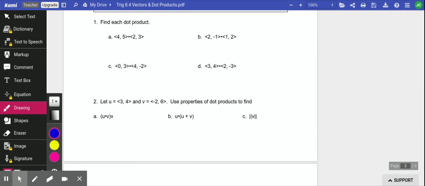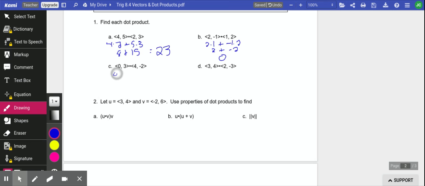We want to find these dot products. Like I said, we're going to multiply the horizontal components, 4 times 2, and we're going to add that to the y components when they're multiplied, 5 times 3. So our answer is 23. That's it. On the next one, we're going to multiply our x components, and then we're going to add our y components multiplied together. So we get 2 plus -2, which gives us 0.